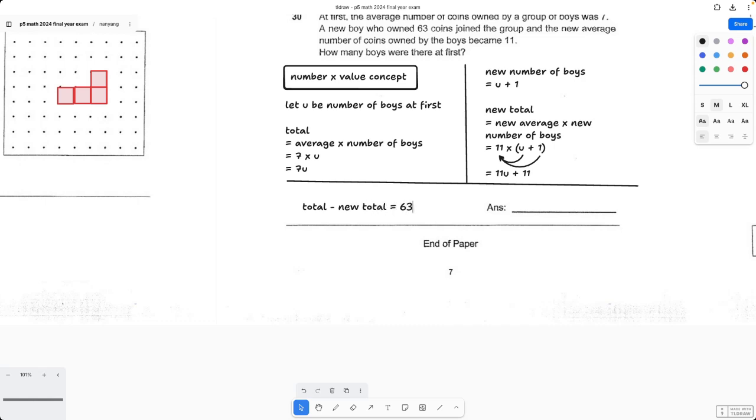Make sense? So from total is 7u, and then minus new total, which is 11u plus 11. Oh, wait, no. New total minus total, right? In this case, new total minus total is equal to 11u plus 11 minus 7u is equal to 63.